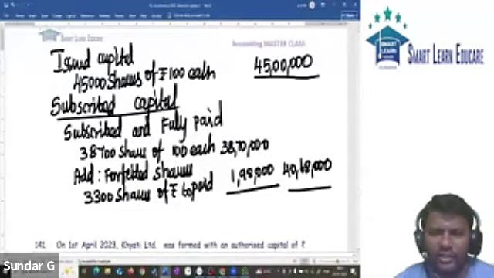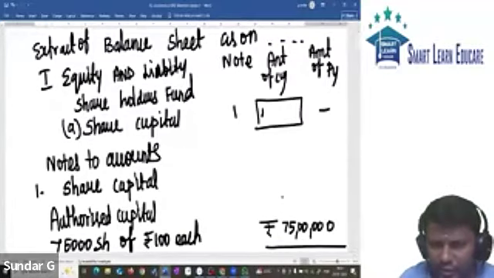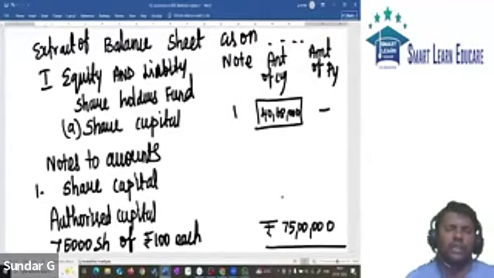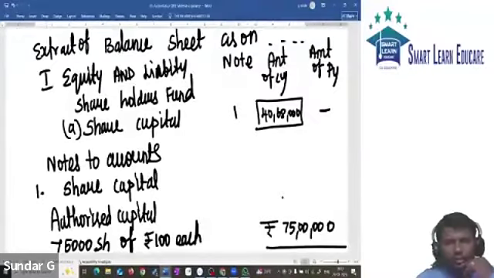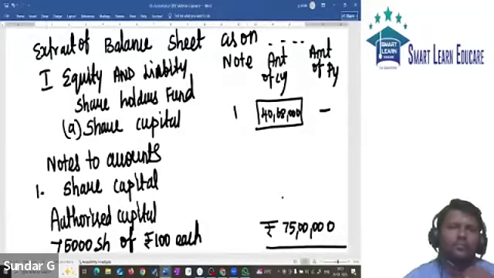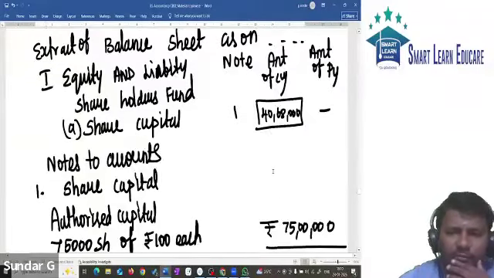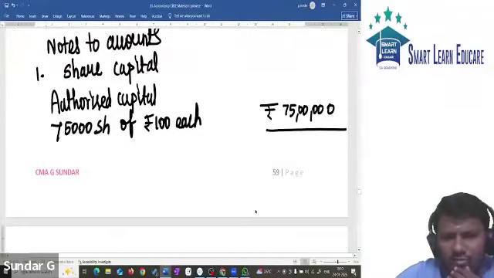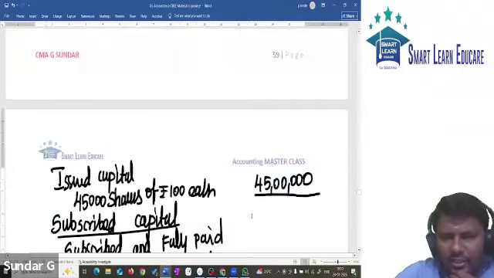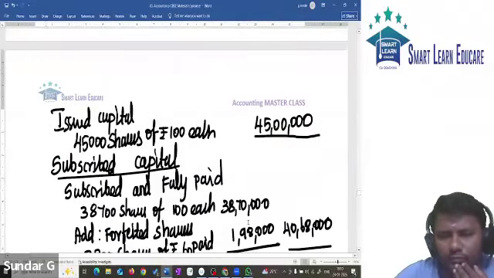Both should be added, and the total is 40 lakhs and 68,000. You should write 40 lakhs and 68,000 here. This amount will come in the balance sheet under the heading share capital.